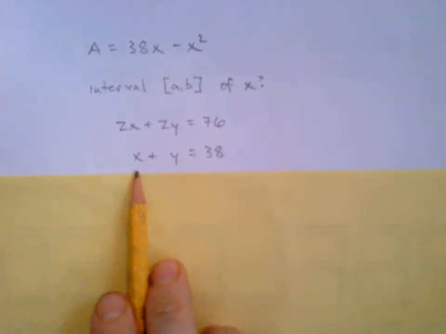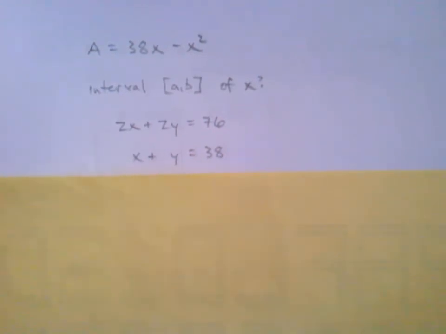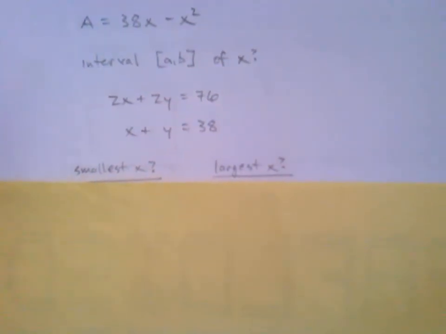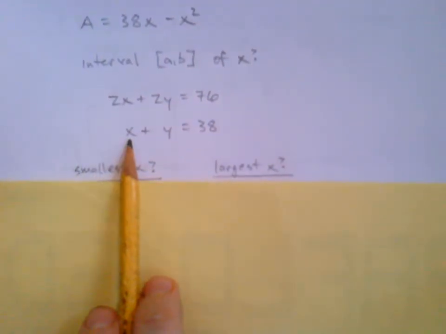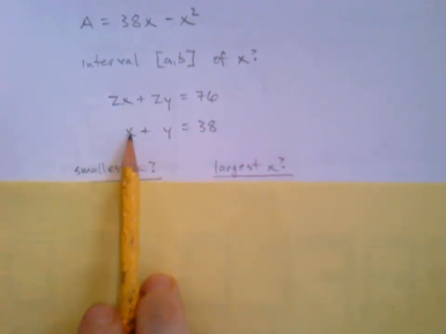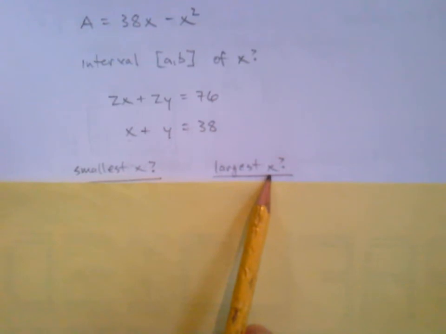What is the smallest value that x could take? And what is the largest value that x could take? Obviously, y is going to have to fluctuate as x changes. You think, well, the smallest that x could be is 0. If x is 0, y could be 38, and that'll be fine. What's the biggest that x could be?